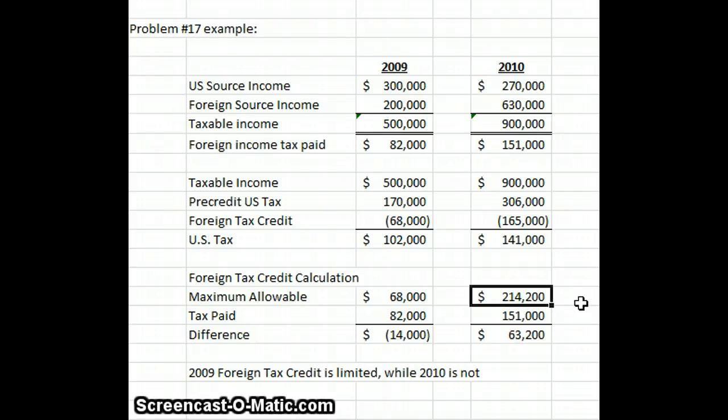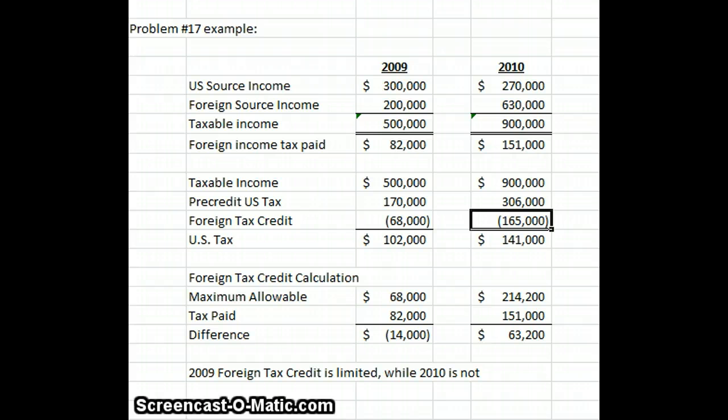My foreign tax paid is $151,000. My foreign tax credit is going to be that $151,000 plus my $14,000 carry forward that I was not able to use in 2009.